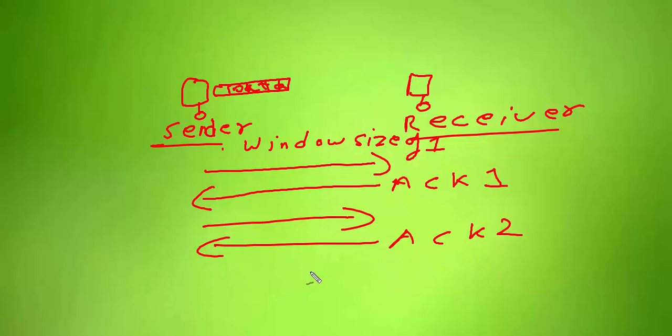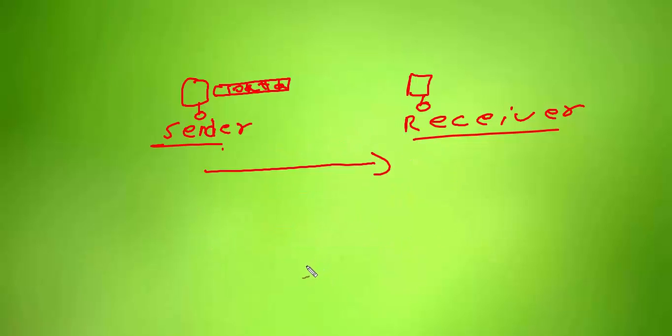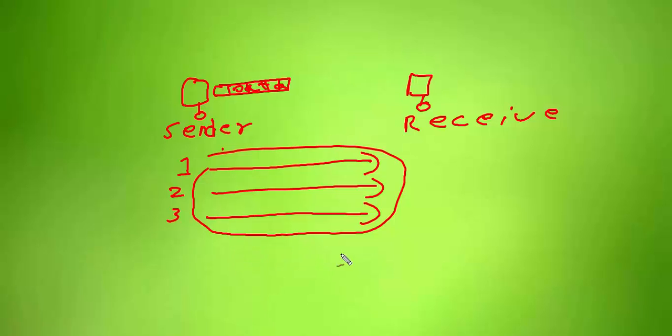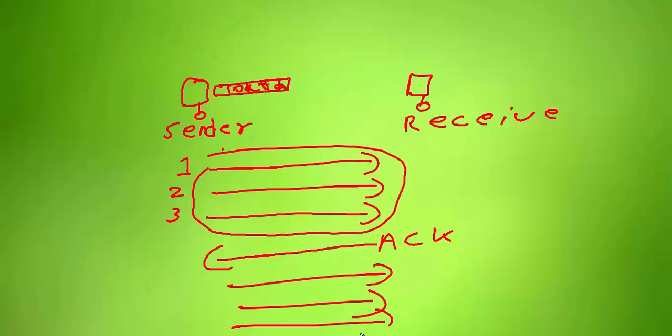One more thing we have in this. If we send 1, 2, 3 at the same time and only get one acknowledgement, let's say we have 1 2 3 4 5 6 as our data, and we got one acknowledgement by receiving 3 segments, this is called a window size of 3.